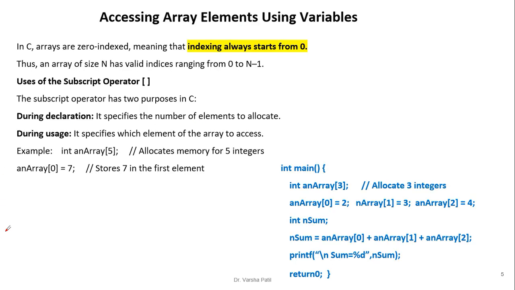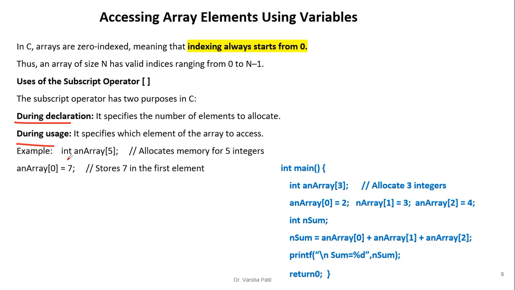Accessing the array element using variables. In C, arrays are zero-indexed, that is, they always start from 0. If we declare an array of size n, then elements are stored from 0 to n minus 1. Use the subscript operator. The subscript operator has two purposes: first during the declaration and second during the usage. During the declaration it specifies the number of elements to allocate, and during the usage it specifies which element of the array to access.